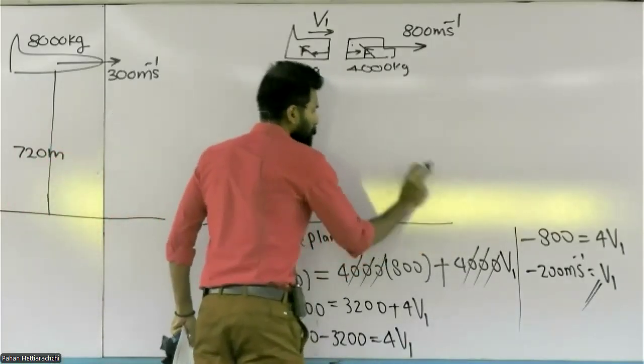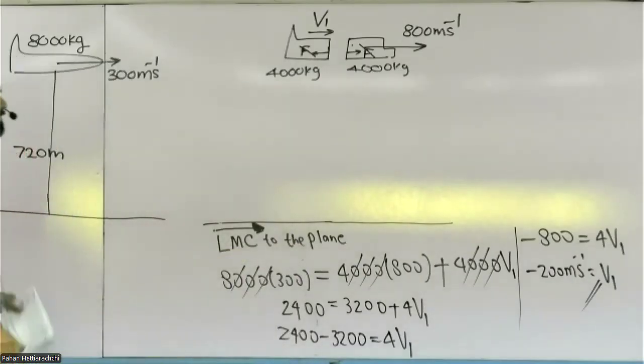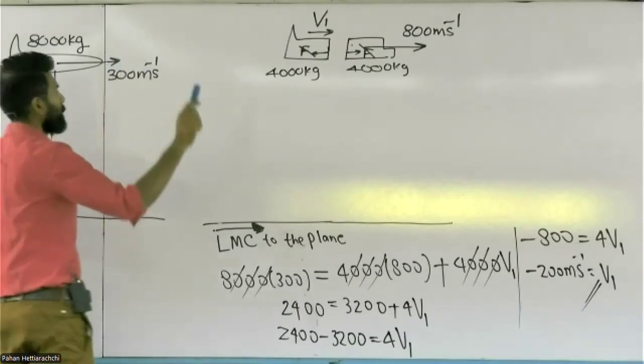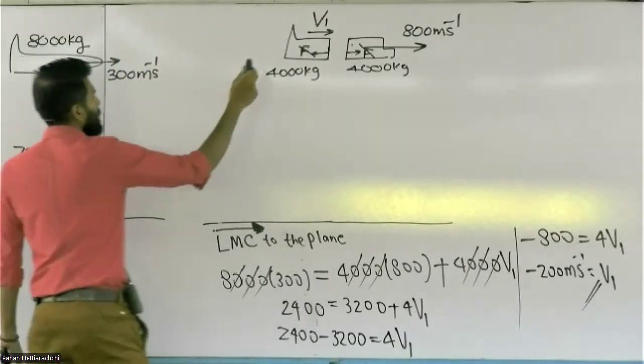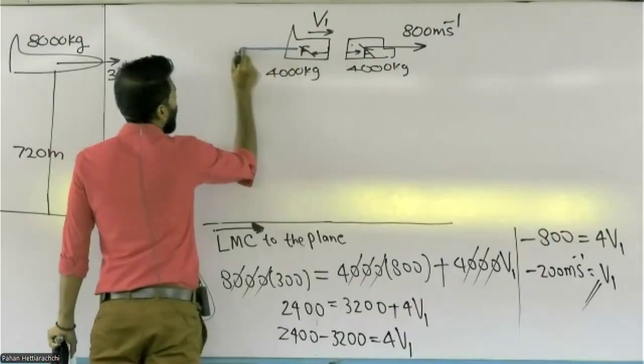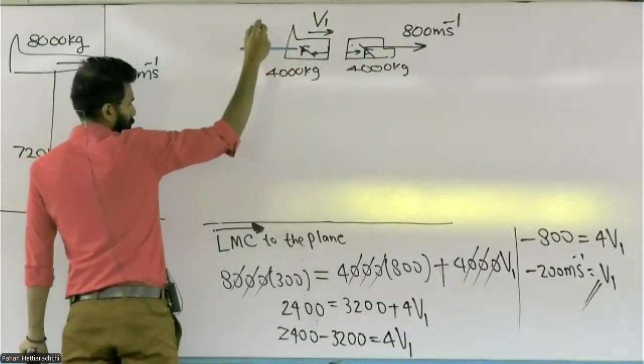Okay, what do you mean by minus 200? If the velocity vector comes with the minus value for the answer, it means the opposite direction. So what has happened? After the explosion, the first part has moved in the same direction with the velocity of 800, while the other part has moved in the opposite direction with the velocity of 200.